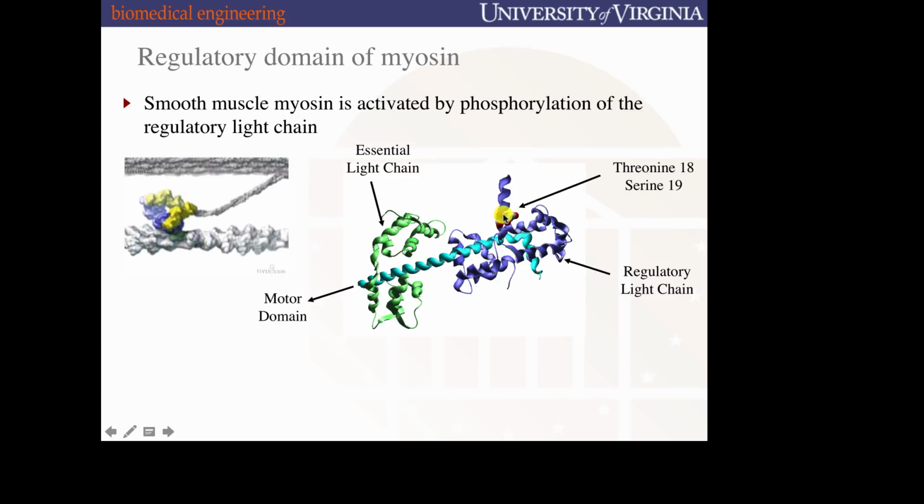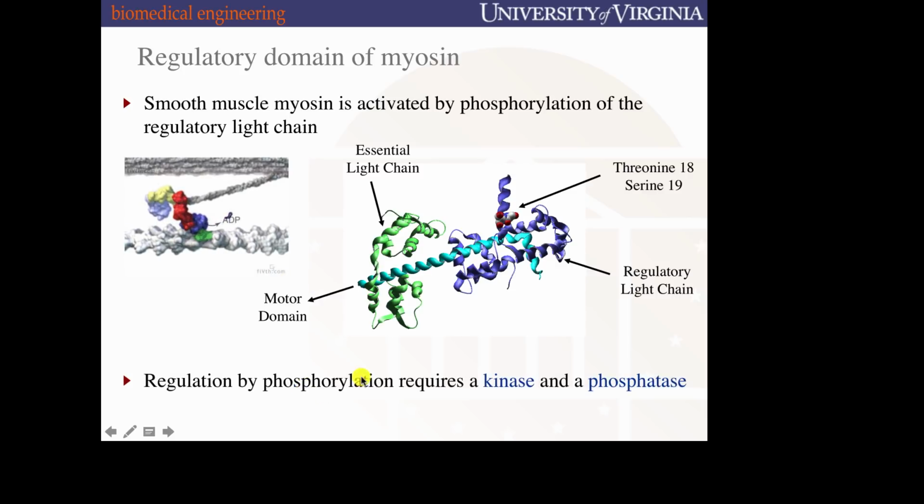These phosphate groups can be removed by phosphatases known as myosin light chain phosphatase. And it's the presence or absence of these phosphate groups on these two structures which position the head domain such that it can bind actin. So the regulation of phosphorylation requires both the kinase to add those phosphate groups and a phosphatase, which is going to remove those groups.